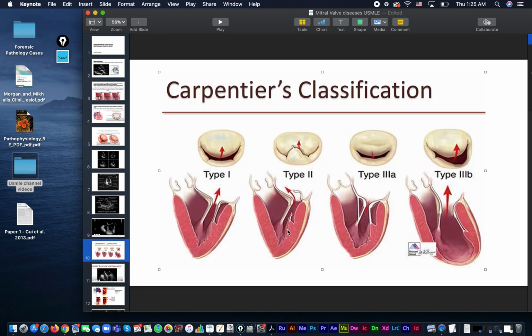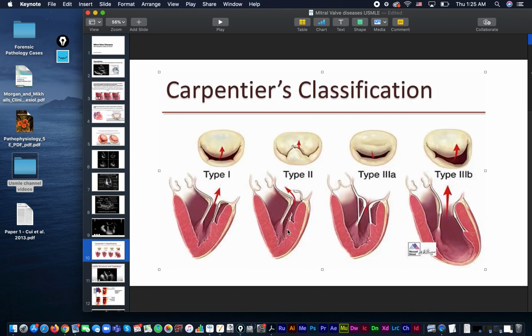Type 2. Before I explain these three types, what's important to know is you want to know the way the leaflets are damaged and correlate them to the Doppler color ultrasound.